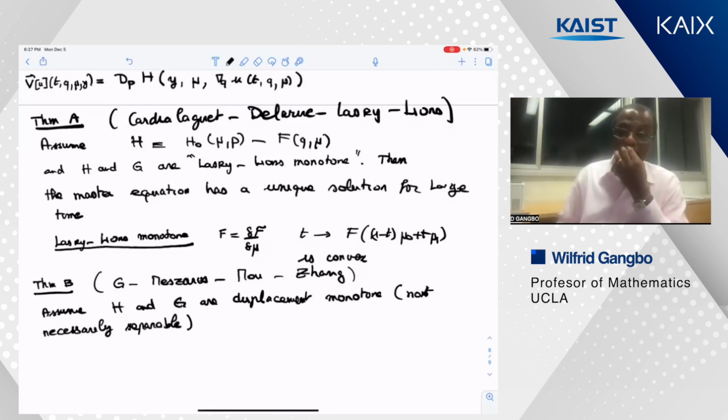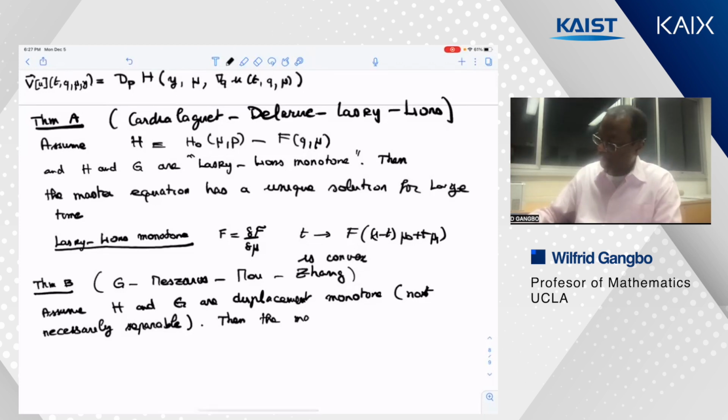So we introduce a concept of displacement monotonicity, which was inspired by optimal transportation theory. Then the master equation has a unique smooth solution for large time.